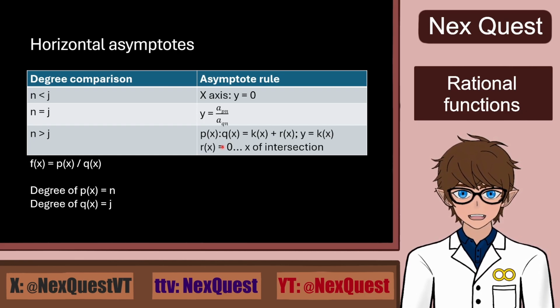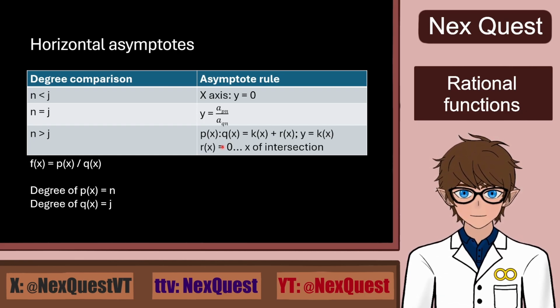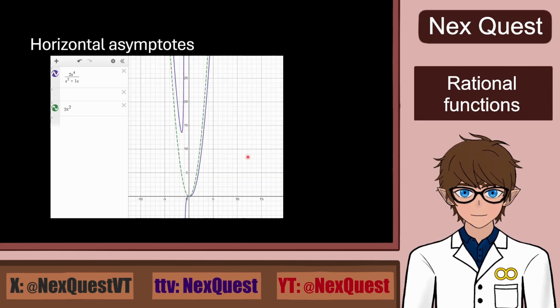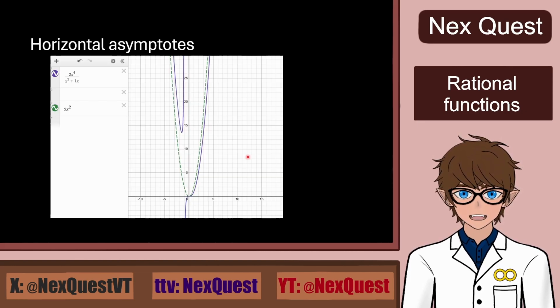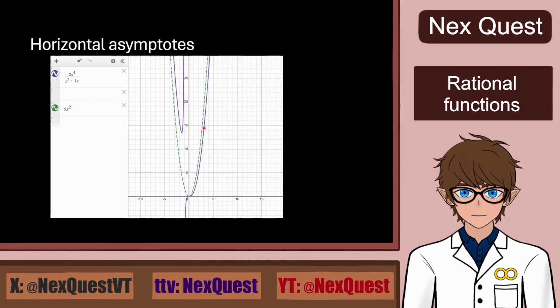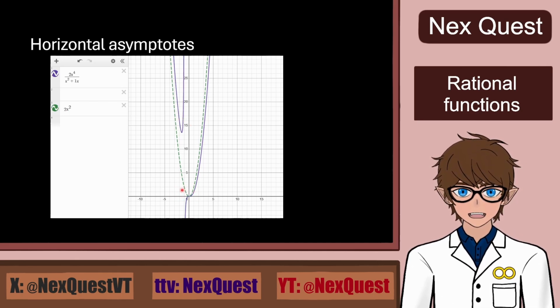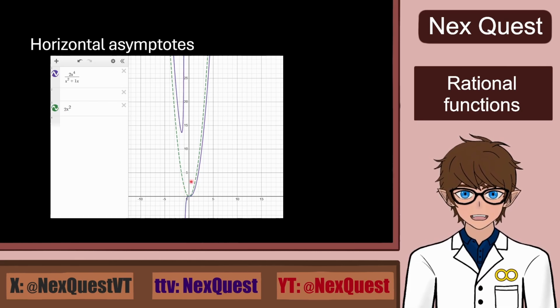Then about the remainder, as I said, we usually ignore it, but if you need to know for sketching or for theoretical questions, this is the only use for it in this case. Here is the example of an asymptote that is not linear, so the green line is the asymptote and the purple is the graph. You can see that they touch in the point 0, 0, but then it keeps approaching it as x approaches infinity.